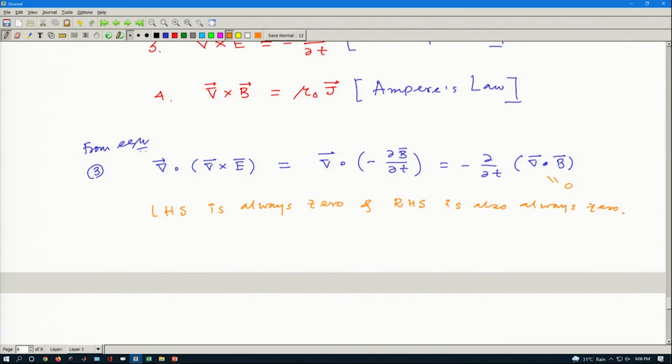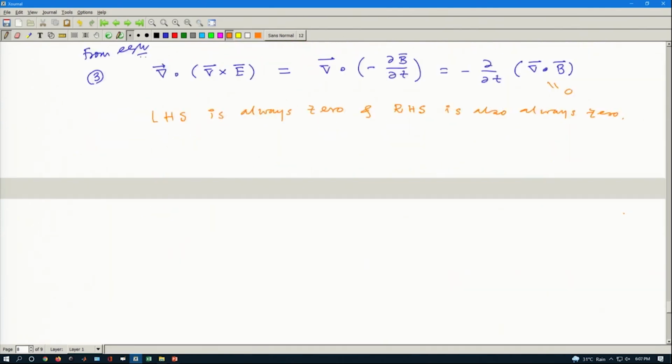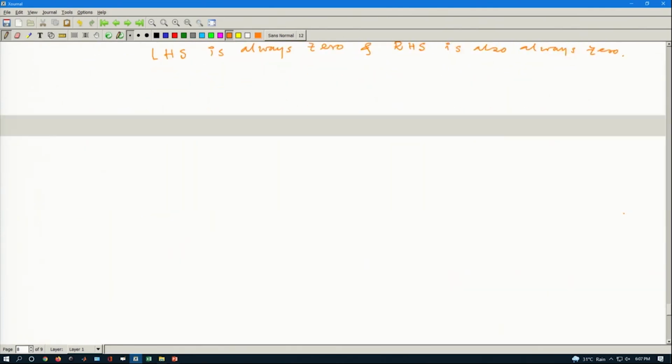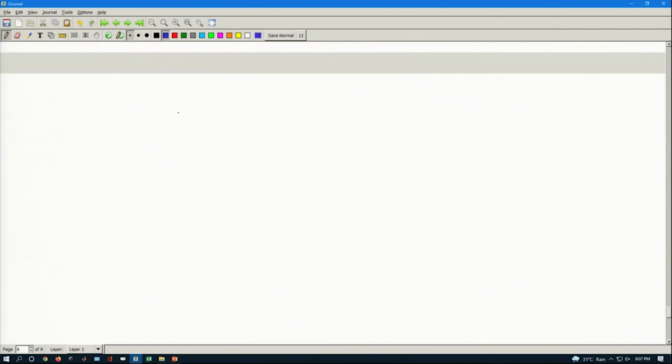So, there is no problem with this equation. Now, let us do the same thing for equation 4. So, this is from equation 3. From equation 4, what we get?